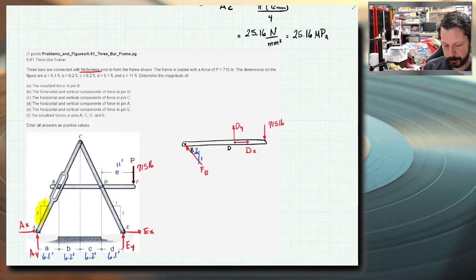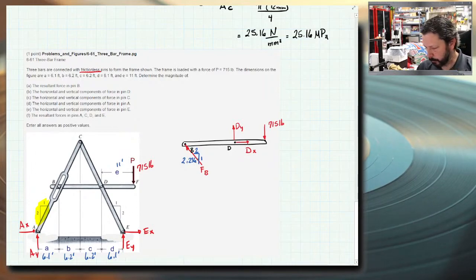My calculator has a low battery. Hopefully it'll hold out. 2.236. Okay, that's the hypotenuse for this little triangle here. Clearly it's not drawn to scale because the rise I drew is 1 and the run is 2, but they're almost opposite the way I drew them. All right.